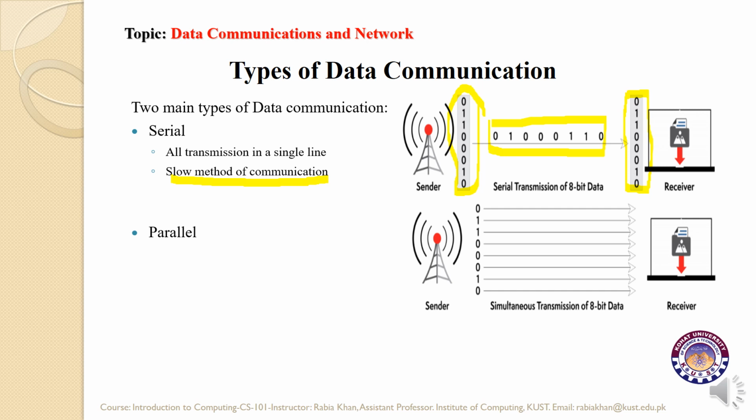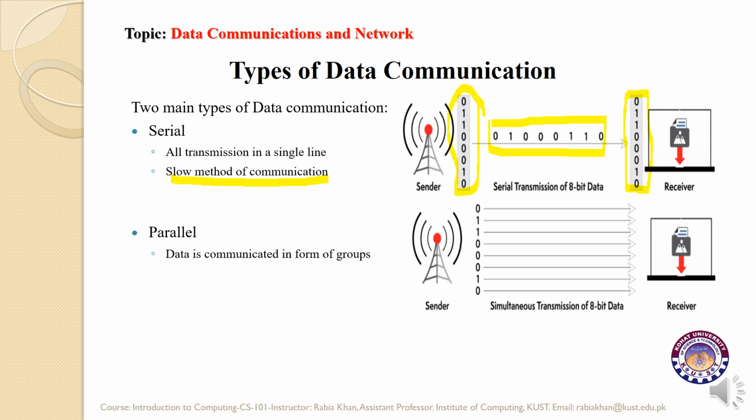The next type of data transmission is parallel data transmission, or parallel data communication. When data is sent using parallel transmission, multiple data bits are transmitted over multiple channels at the same time.